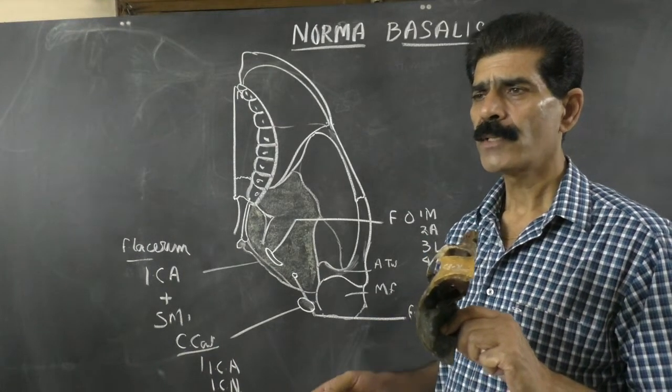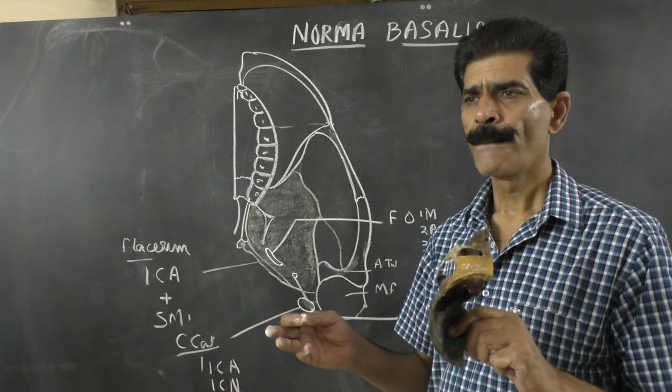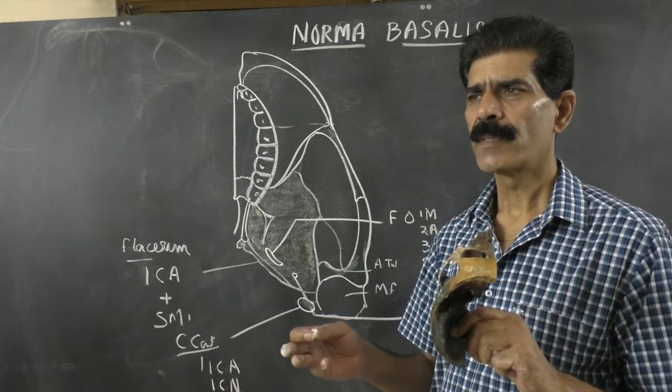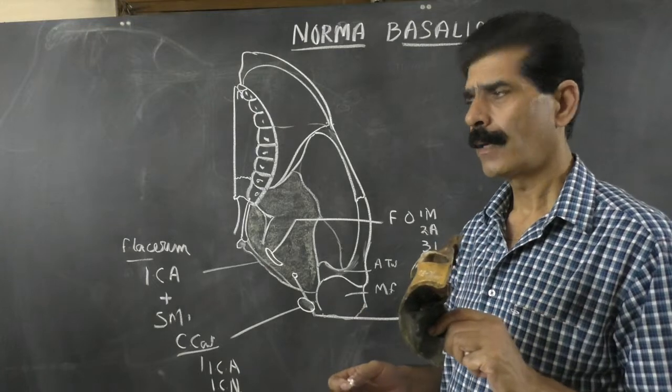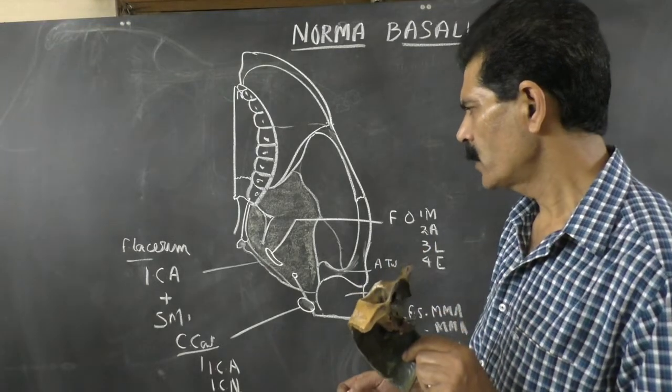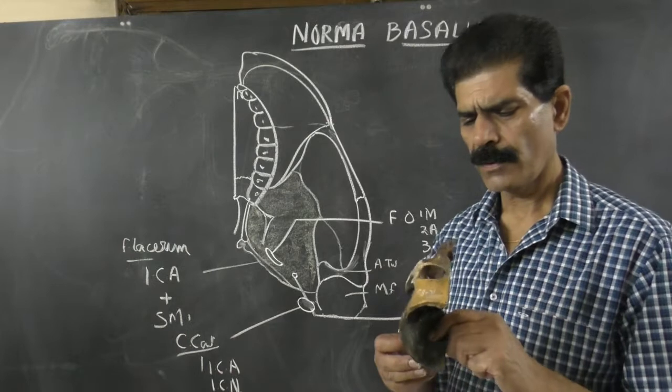Wherever the branches of the internal carotid artery go, the sympathetic fibers go along with them. So this is present in the petrous part of the temporal bone.